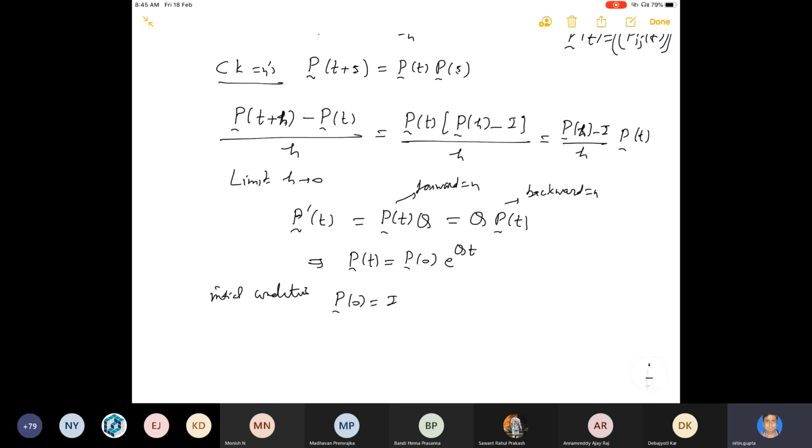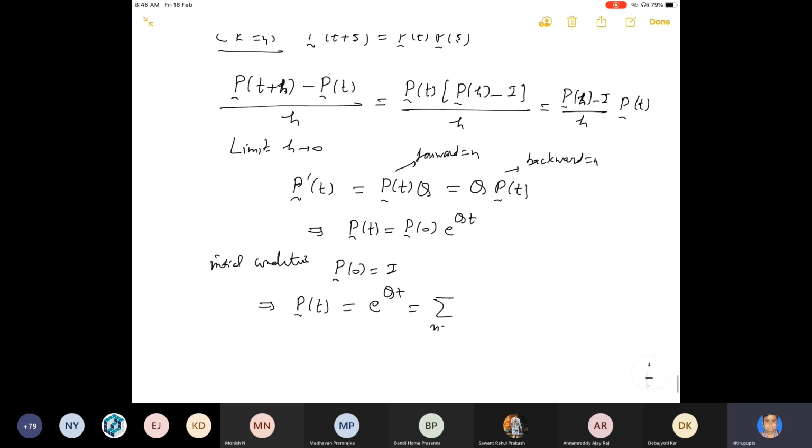So this implies that P(t) is e raised to power Qt, which is nothing but summation n greater than or equal to 0, Q raised to power n, t raised to power n upon n factorial, which is nothing but I plus summation n from 1 to infinity, Q raised to power n, t raised to power n upon n factorial.